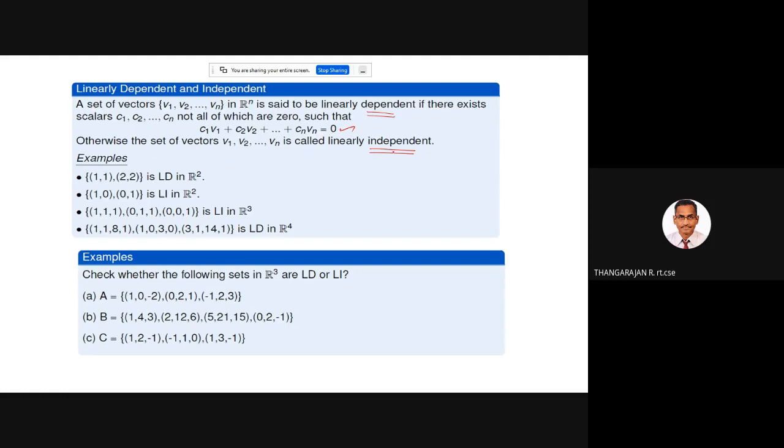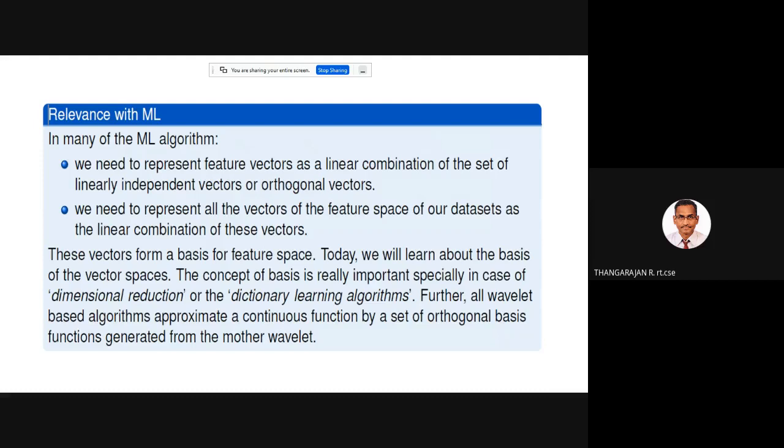When vectors are pairwise perpendicular to each other, we call them linearly independent. But if the vectors are not perpendicular to each other, then we can call them linearly dependent. In that case, this condition will be true. Because of time, I'm just running through this.